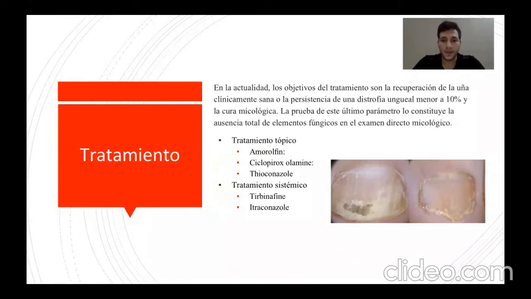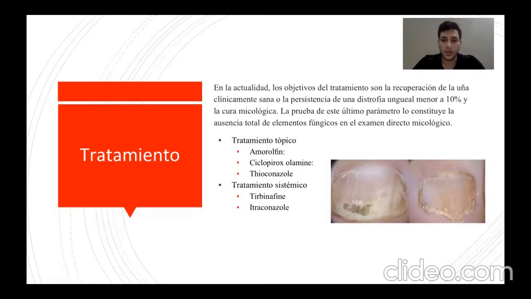Ciclopirox olamine, that is a broad-spectrum fungicide. It inhibits the absorption of potassium, phosphate, and amino acids, causing the cell death. During the first month it is applied every 48 hours. During the second month it is applied twice a week, and from the third month it is applied weekly.